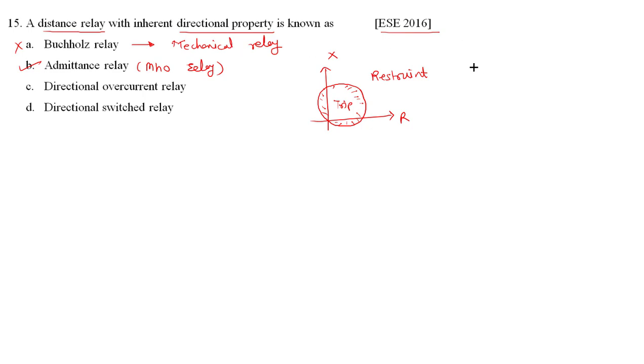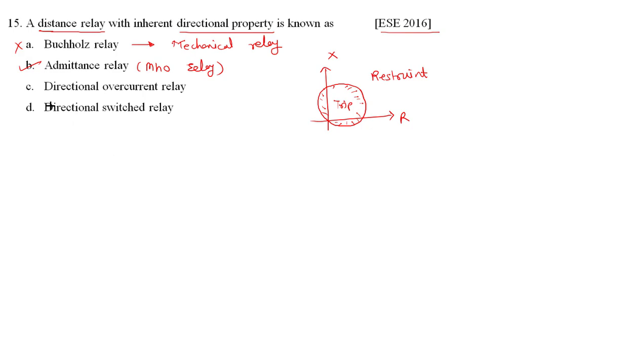Commonly there are three relays, the impedance relay, the reactance relay and the Mho relay. Out of these three, the Mho relay, that is the admittance relay, is the only relay which has the directional property, and we are talking about a distance relay.